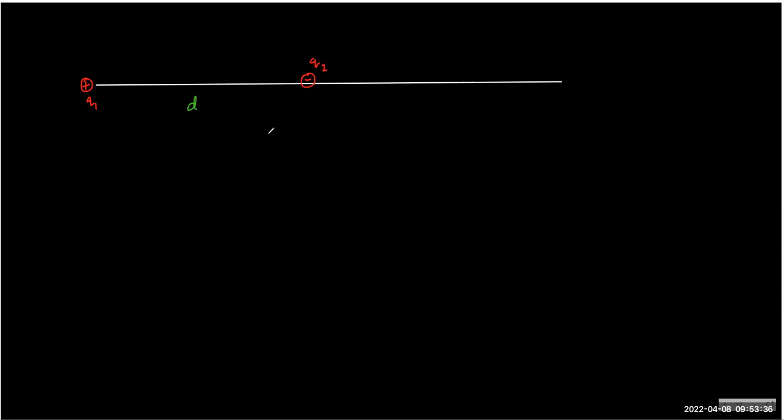So let's take the case that Q2 is less than Q1. So the point of equilibrium is going to be somewhere here. Correct? Yes, sir. So P is the point of equilibrium.